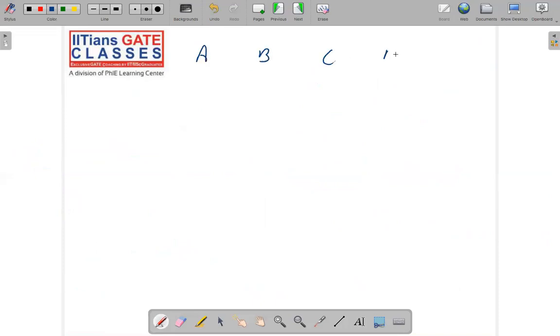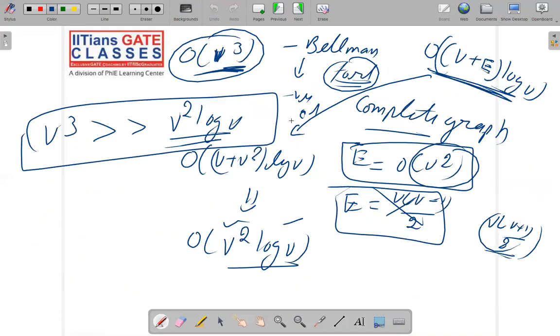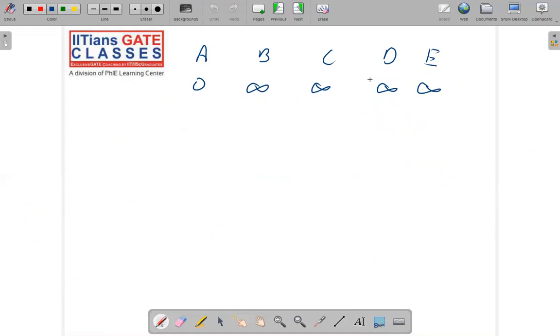A, B, C, D, and E. Initially, these are the edge weights similar to before. Okay, and let's see the edges one by one. Let's see edge AB. We have already seen that for edge AB, currently B is infinite, A is 0, and edge weight is minus 1.